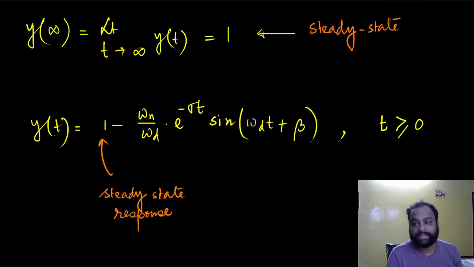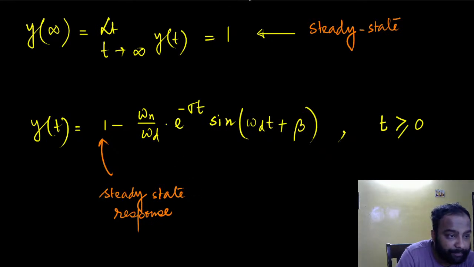Okay. So when the system was off, the output was 0. And when the system has been on for a very long time, the output has reached a value of 1. But between these two steady states, between the event when the system was off and just turned on, and then before enough time had elapsed, this was the response of the system.